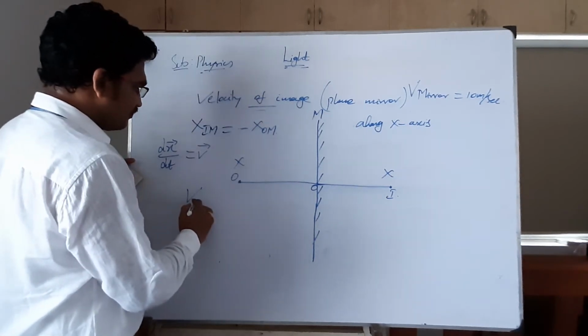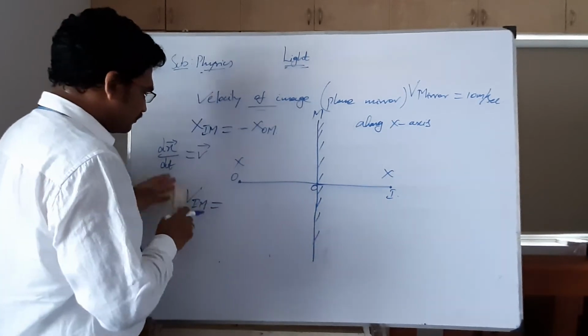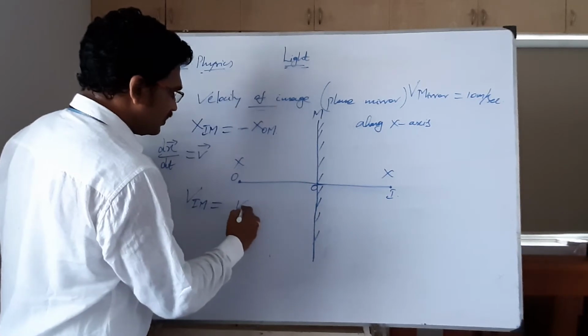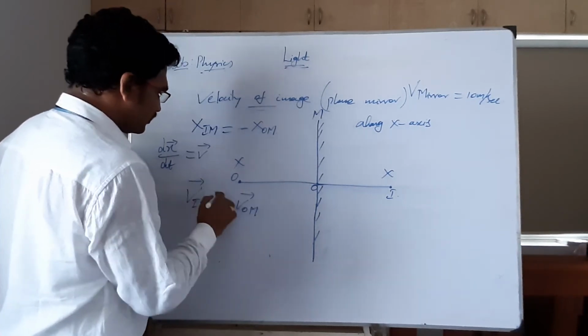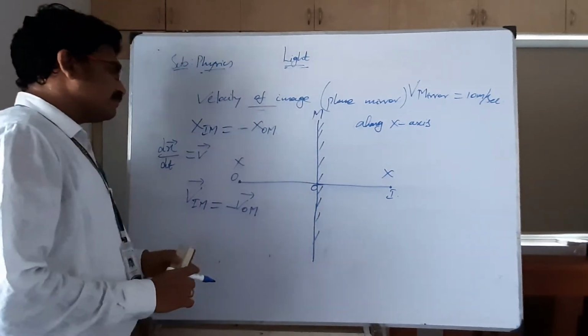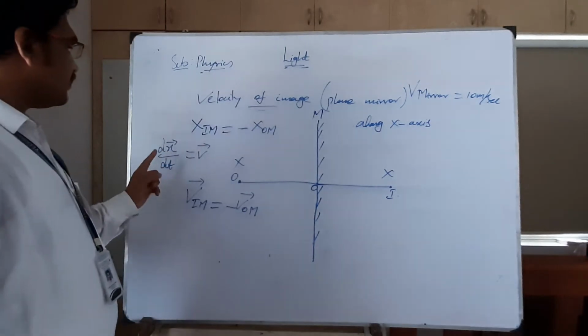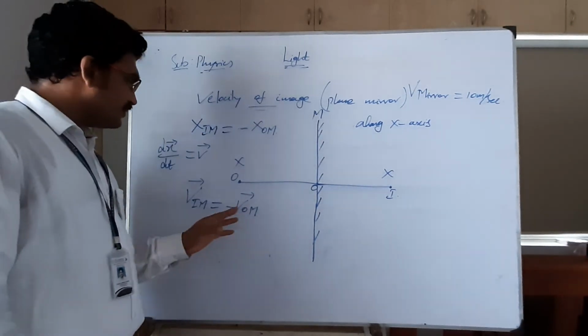Velocity of image with respect to mirror is equal to minus velocity of object with respect to mirror. Of course, when you differentiate a vector, again you are going to get a vector, no doubt in that.